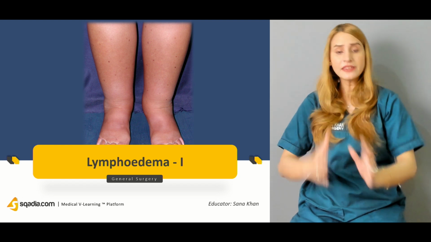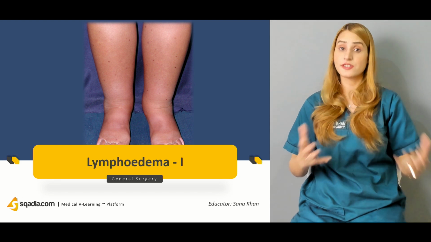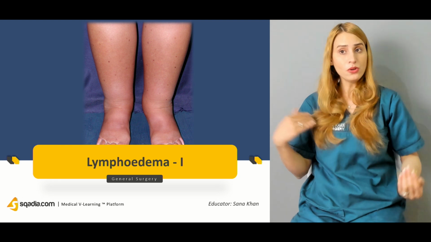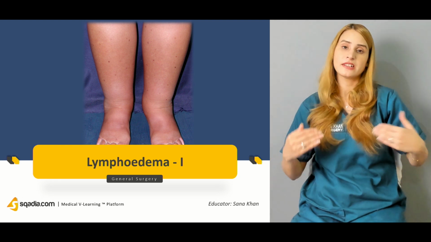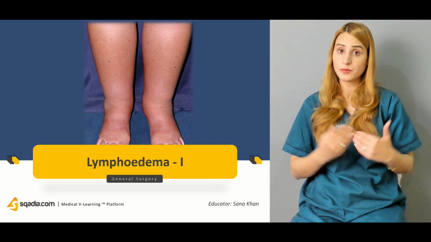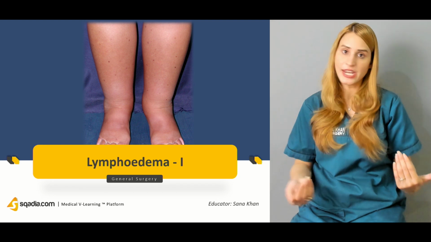But other than the arterial and venous systems, there's another very important system, and that is the lymphatic system. The lymphatic system comprises the lymphatic channels and the lymph nodes.